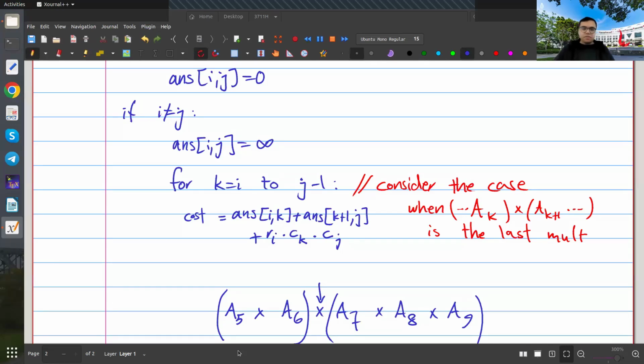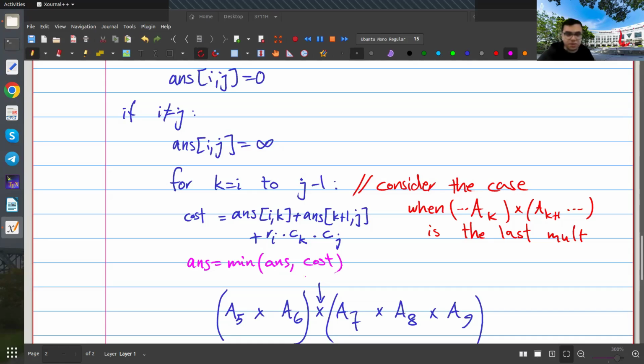So my answer just becomes the minimum and the current cost. That's it. So basically, I'm looking at all of these cases. I'm saying k can range from i to j minus 1. Take the cost for each of these cases, and then take the minimum of all of them. And that's going to be my answer.